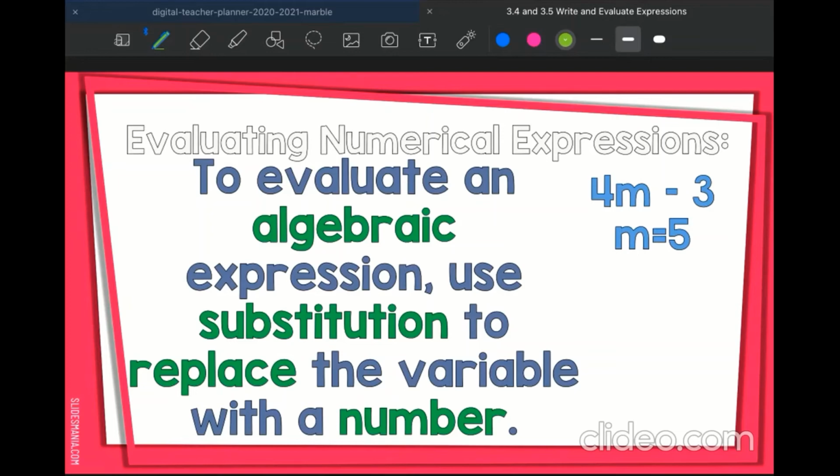So what operation is happening between that 4 and that m, Levi? Yes, good. Multiply. So I'm going to do 4 times 5 minus 3. What should I do first? Should I do 4 times 5 or should I do 5 minus 3? Why should I do 4 times 5?